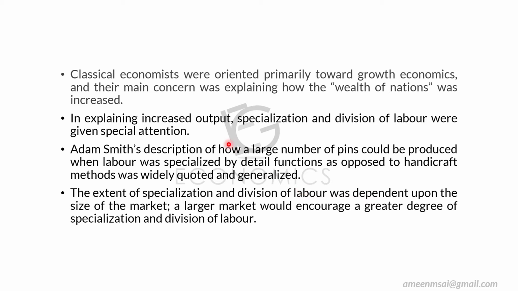He explained it with the example of pins, the pin that we use. If a group of laborers are specialized in producing pins, then of course a large quantity of that commodity can be produced, be it any type of commodity. That's what he said about specialization.